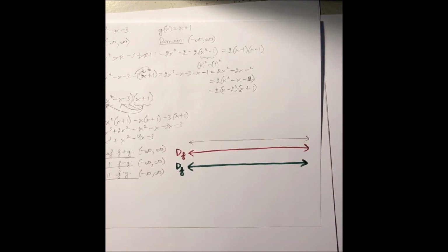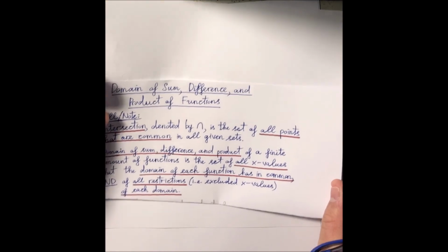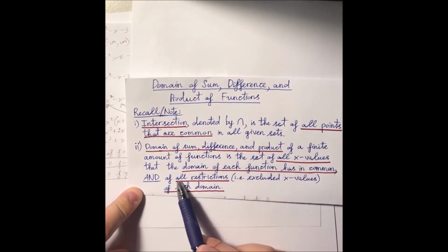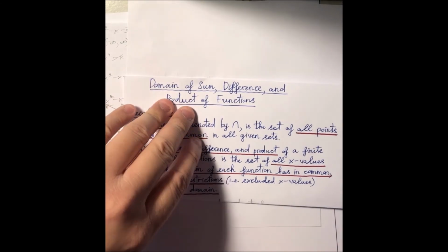To come up with the domain of the sum of these two functions, the domain of the sum of two functions has to include all of the x values in common of each domain and all of the restrictions of each domain.